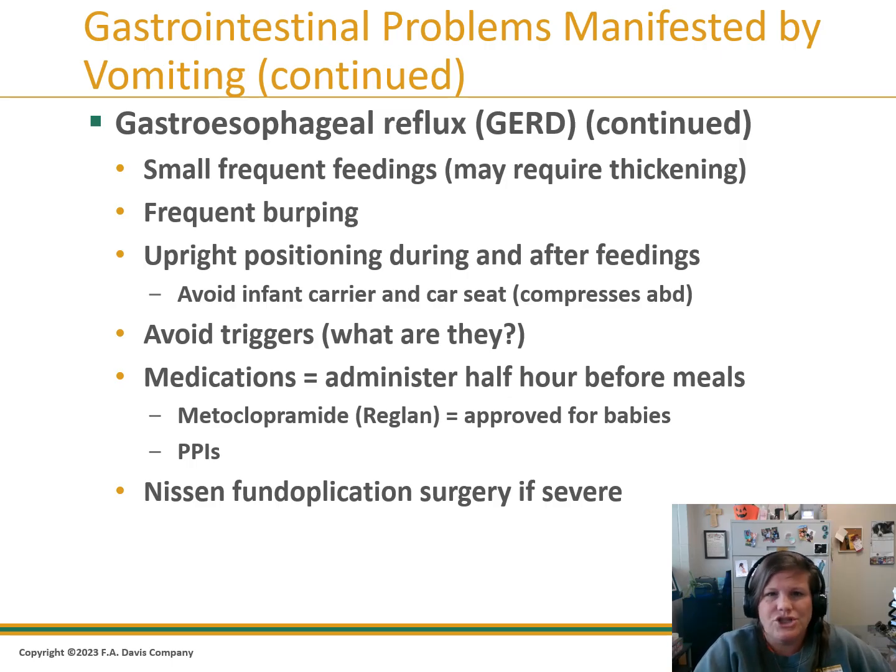And then, as mentioned earlier, it could also be the thickening of the feeding to help manage it so that it weighs more and stays down. Frequently burping the child, giving them breaks between ounces of formula and intentionally burping them. If you're not familiar, and that's okay if you're not, but babies and even our young toddlers don't always have the natural tendency to belch when they're experiencing that air excess in their body.